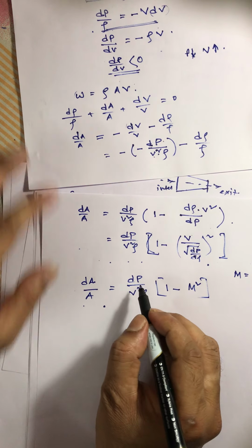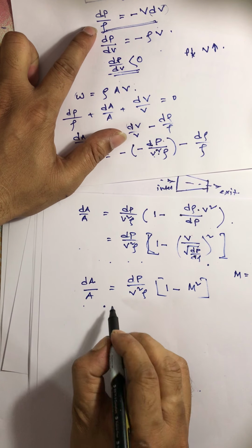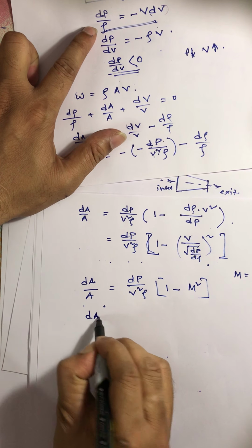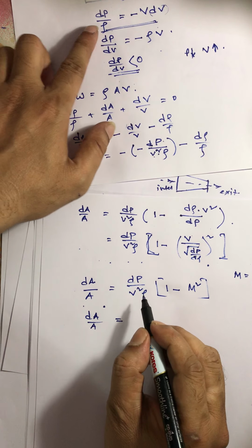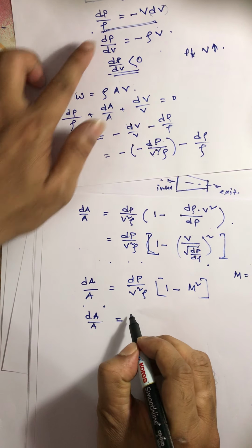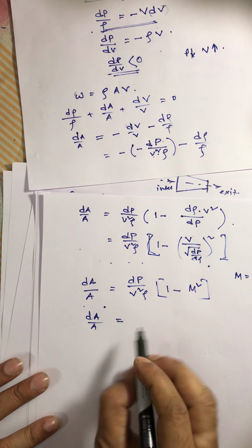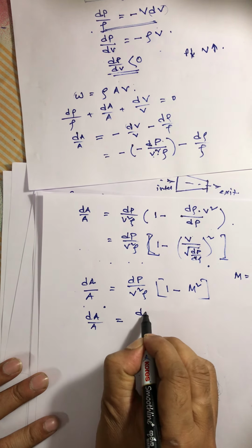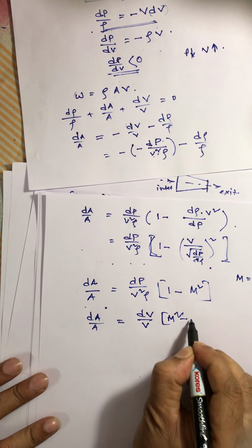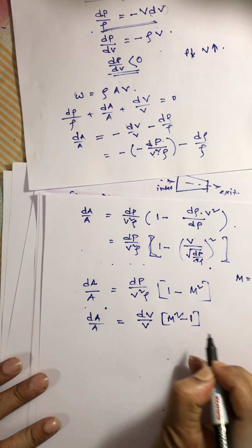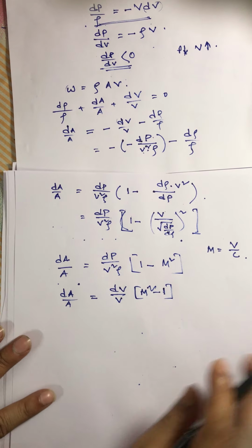If we put this value of dP, then the equation becomes dA by A is equal to dV by V, third bracket M square minus 1.